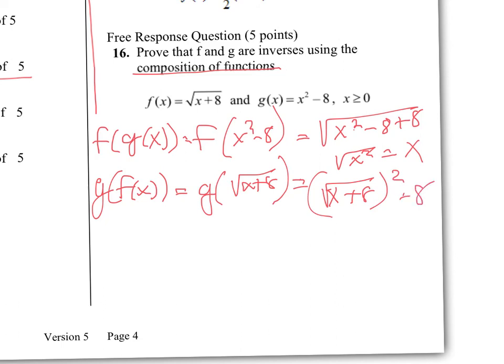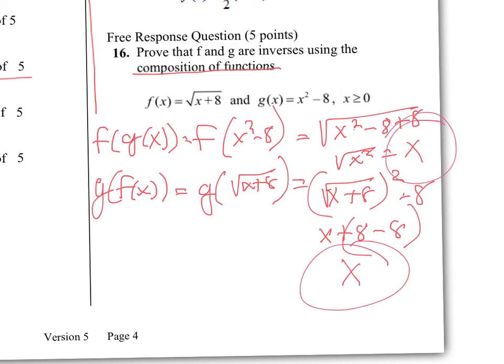Squaring the square root turns this into x plus 8 minus 8. Those add to 0. I have just x. And sure enough, with both of these equaling x, we have proven they are inverses. And I told you this is going to be on the test. Okay, we're all done.